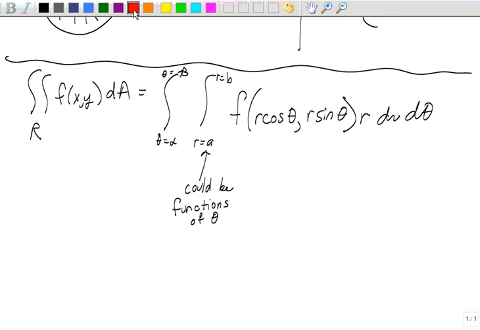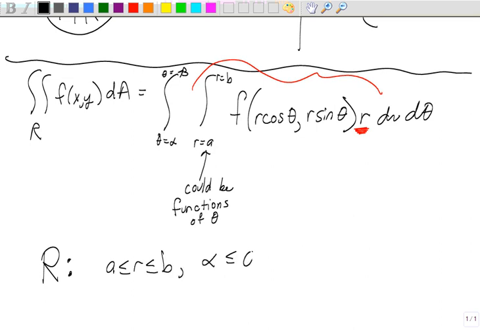Notice there's an extra r here, and I'll explain where that comes from. You integrate with respect to r, and then you integrate with respect to theta. The radius is between A and B, and theta is between alpha and beta. Also, beta minus alpha is less than or equal to 2 pi, so we're not going over and over around the circle.